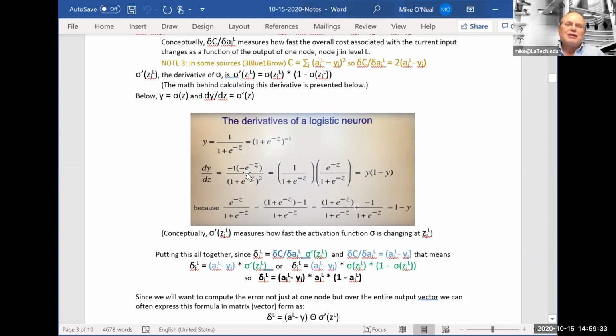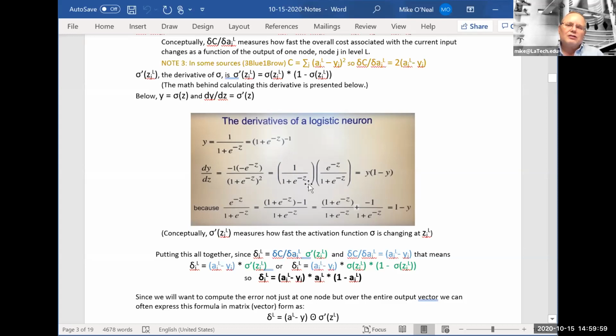Okay, but you might say, well, this is a far cry from output times 1 minus output. That's true, but with a little bit of algebraic trickery, we can get it to where we need to be. Because if you look at this thing, you can rewrite this as 1 over 1 plus e to the minus z times e to the minus z over 1 plus e to the minus z, right? All I did was take this.